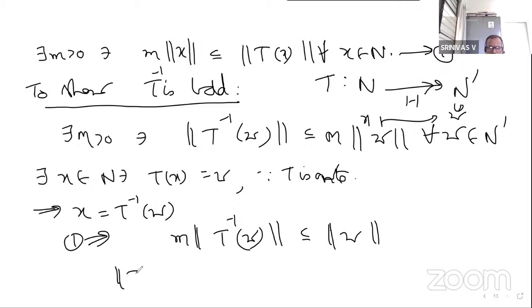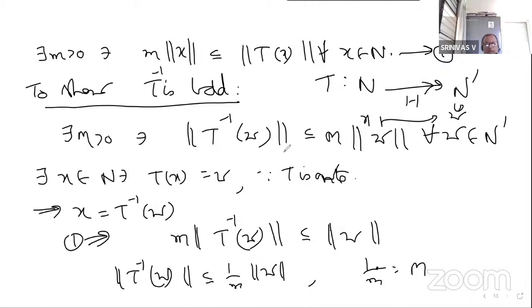So it is norm T inverse of W is less than or equal to 1 by m times norm W. This plays the role of this big M. You can take the reciprocal of small m to be big M. If you take big M for 1 by m, then this inequality is of this form. So that's how we obtain that.